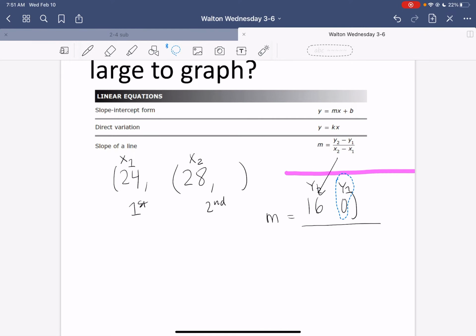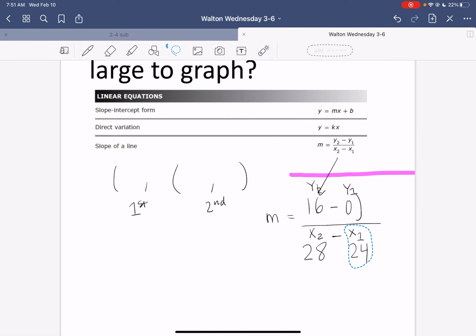Oh, it's going to take it with it, sorry. y2, and then we're subtracting y1. So I'm going to just go ahead and put that subtraction sign in there. And then I'm going to take my x2, maybe be more careful this time. x2 is here, and my x1 is here.